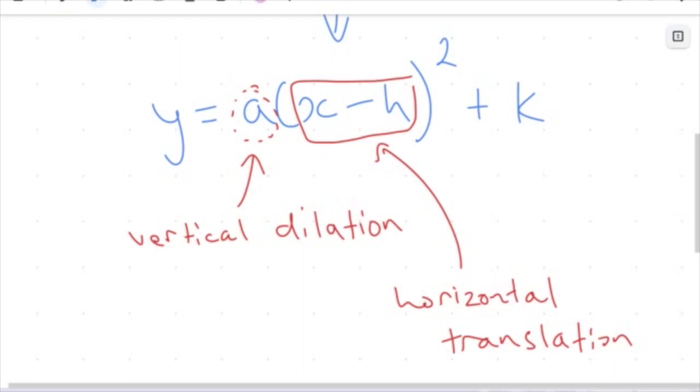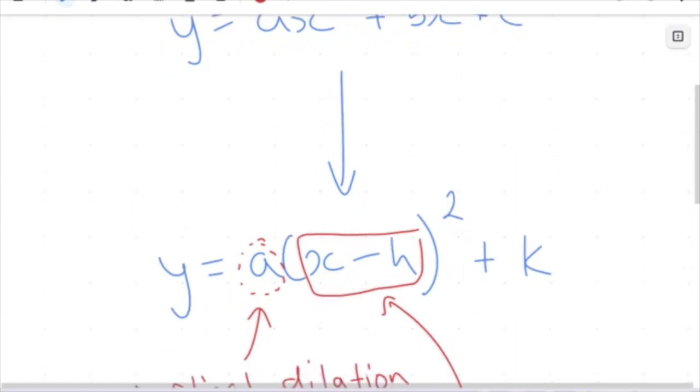And it gets shifted by the amount of the value that is made up by this h here. And finally, my k, that tells me if my parabola was shifted up or down. So this is what we call our vertical translation.